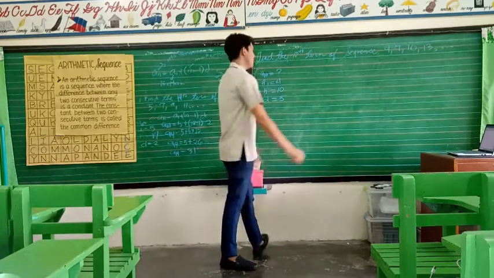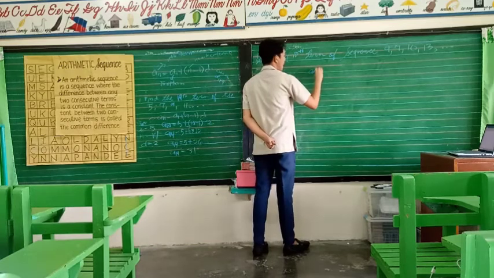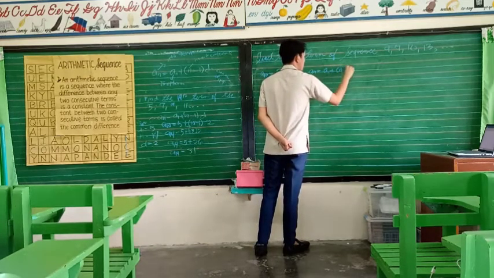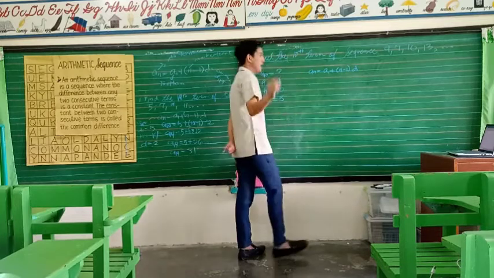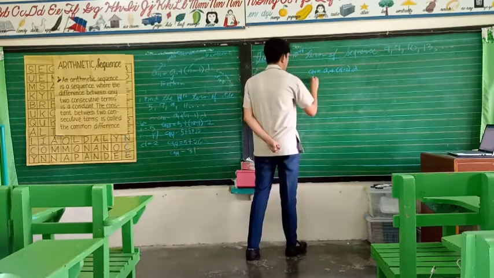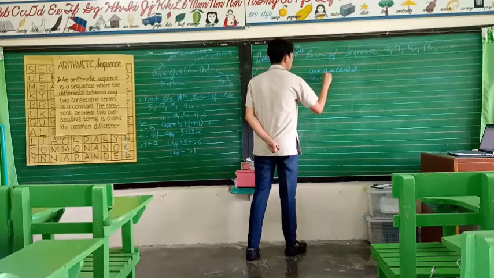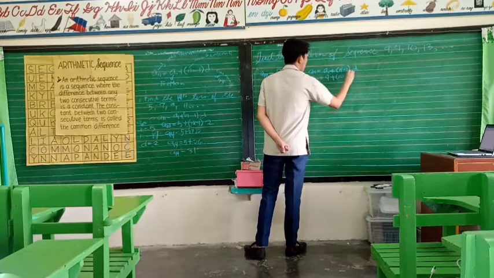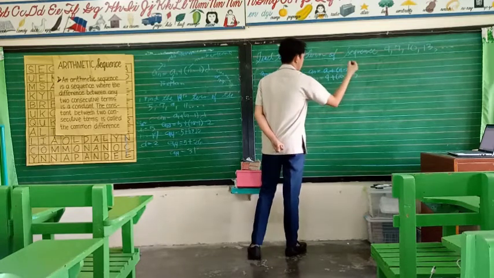Like what I've said, always write the formula. A sub n is equal to a sub 1 plus the quantity n minus 1 multiplied by d. And then substitute all the given variables. So a sub 10 is equal to 4 plus 10 minus 1 multiplied by 3.